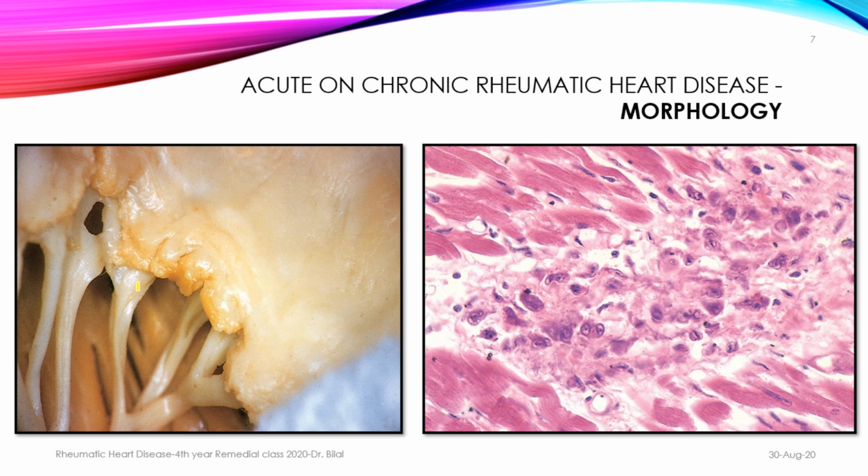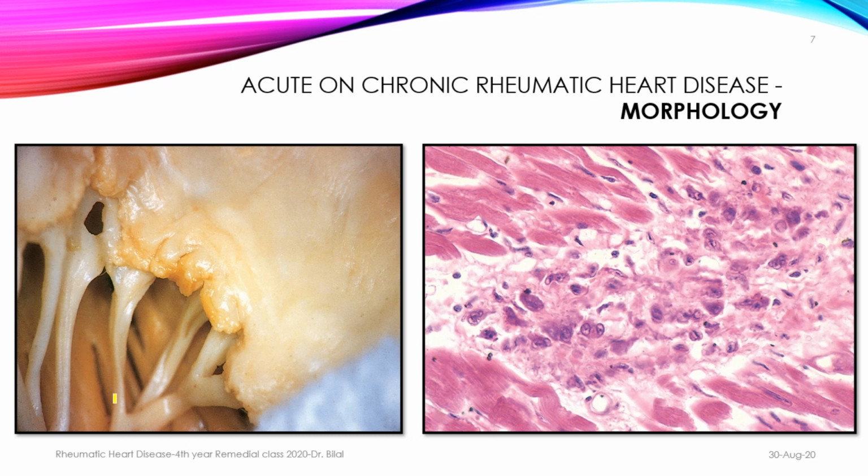Now, when we talk about morphology, this shows the gross morphology of an affected valve. We're talking about rheumatic heart disease in particular. This is an affected valve. These are the chordae tendineae, and if you look closely, these have become thickened and joined to each other.